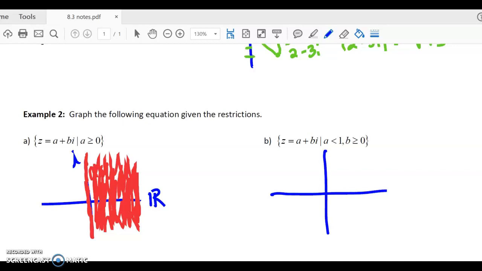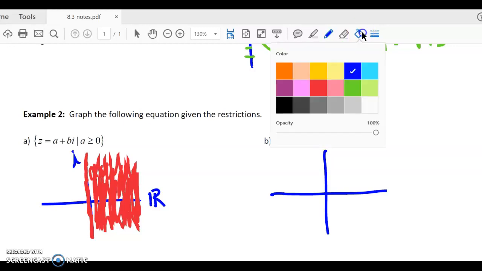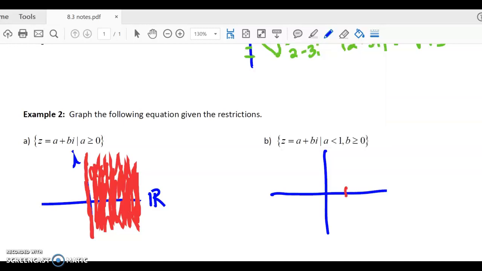So go ahead and pause your video and think about how would you answer Z equals a plus bi such that a is less than 1 and b is greater than or equal to 0. So if a is less than 1, we know a is the real part. So we have to be to the left of the vertical line, a equals 1.